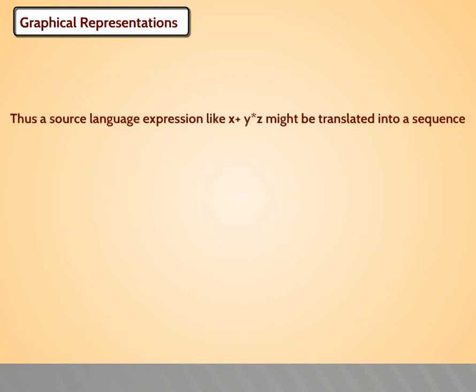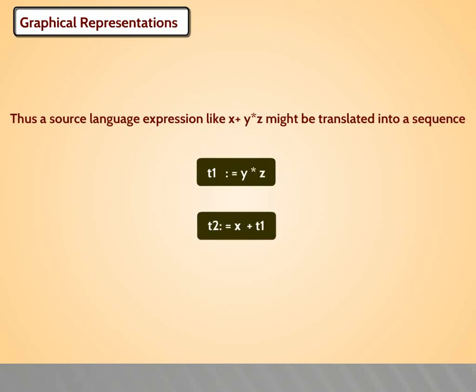Thus, a source language expression like x + y * z might be translated into a sequence: T1 = y * z, T2 = x + T1, where T1 and T2 are compiler-generated temporary names.